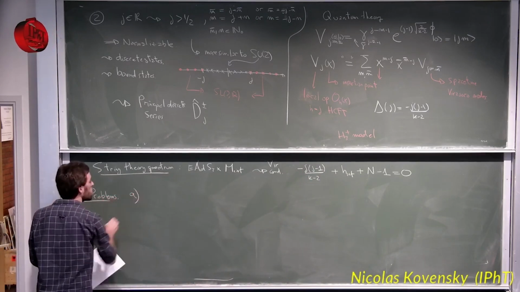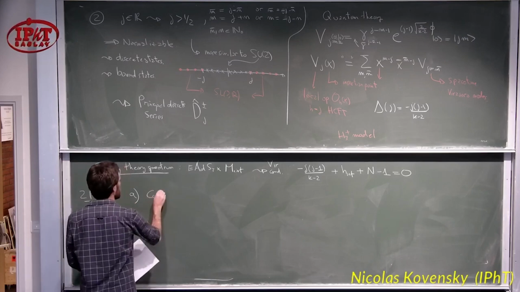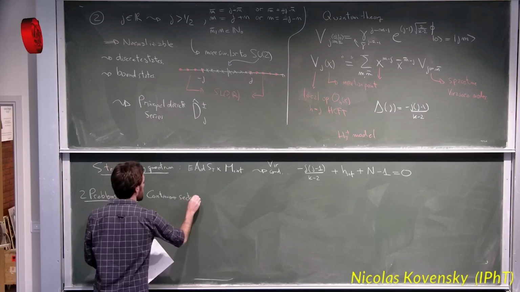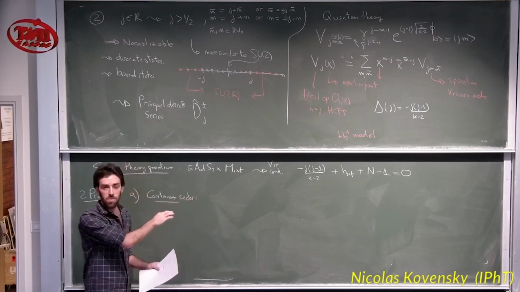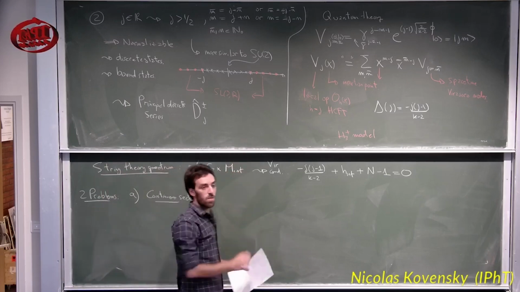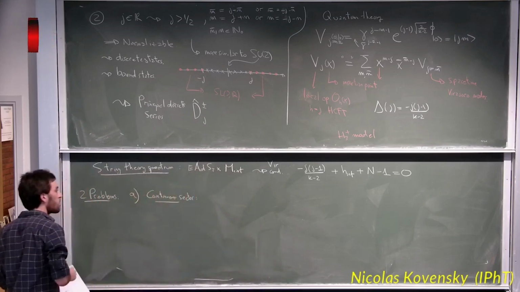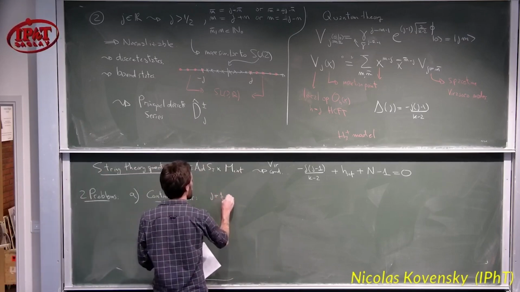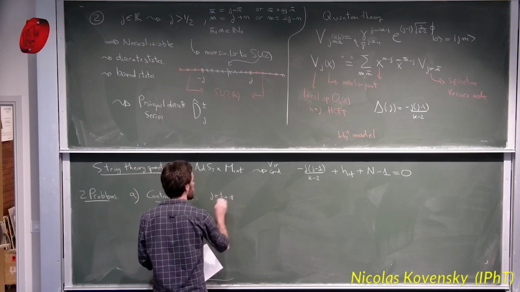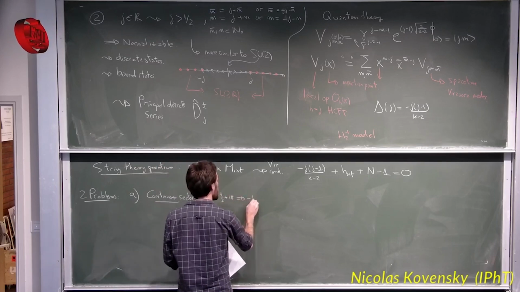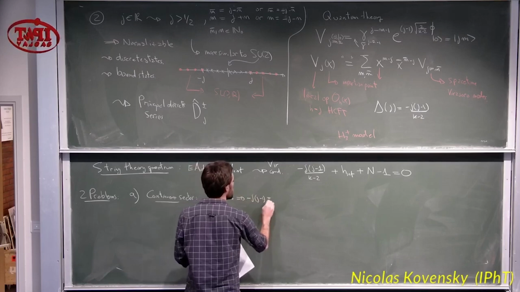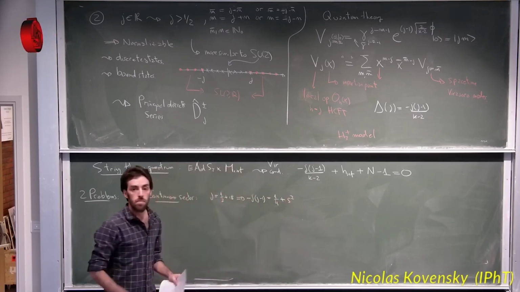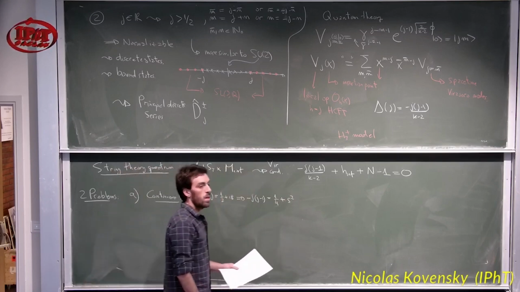The first one is if I look at the continuous sector, again, continuous is maybe a bad word, but the delta function normalizable ones, I have that J is 1/2 plus i s, which means that -J(J-1) is 1/4 plus s squared, right?